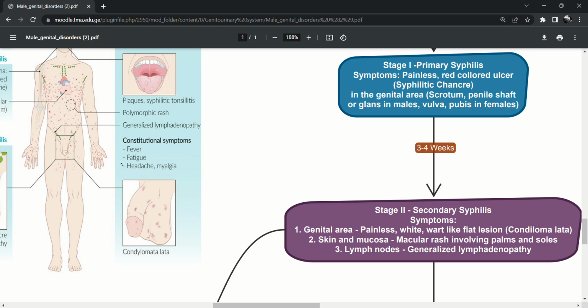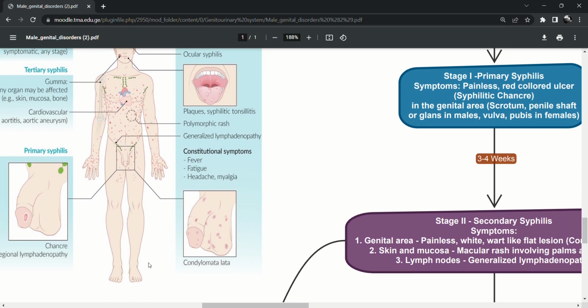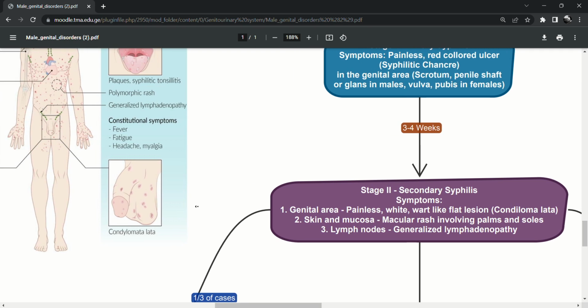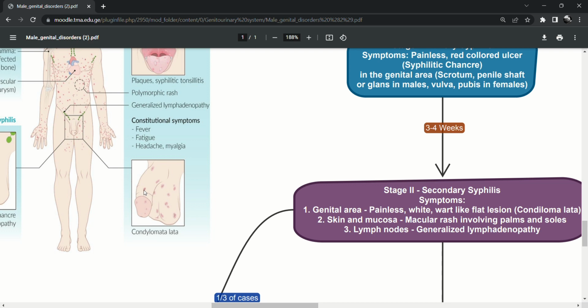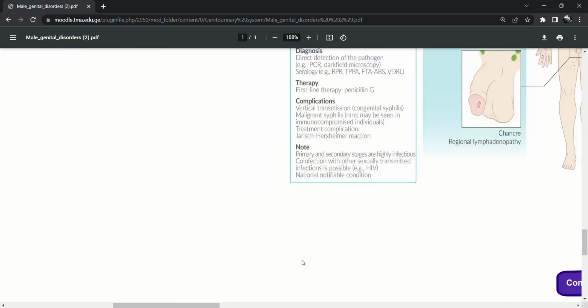And there's a maculopapular rash that usually affects soles of feet and palms of hands, and there's a generalized lymphadenopathy. So people affected with syphilis are mostly infective in the secondary syphilis period, right? Because even those condylomata lata are infective as well, if I'm not mistaken.